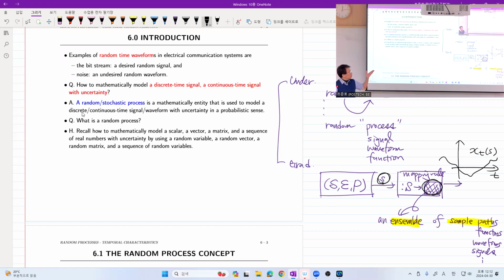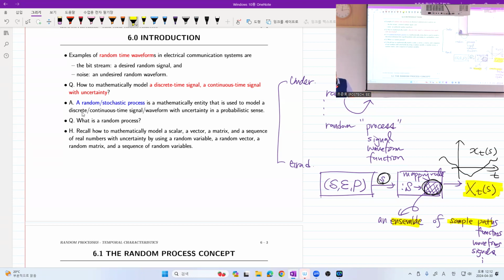But whenever we talk about not just the single output, but that signal with uncertainty, we modify that x into a capitalized one. So this would be a good notation for our random process.